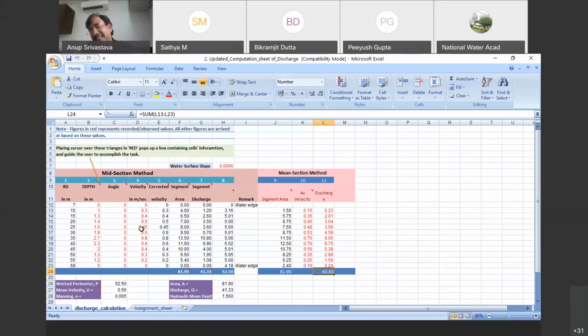Nobody can claim that yesterday I lowered my current meter particularly at this depth 0.60. Nobody can claim that in the real world. So whatever we are observing in the river is raw, observed data.